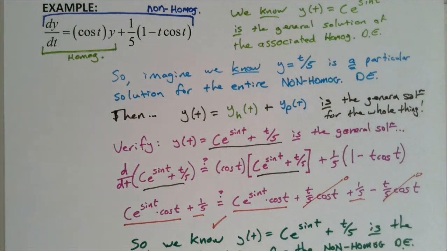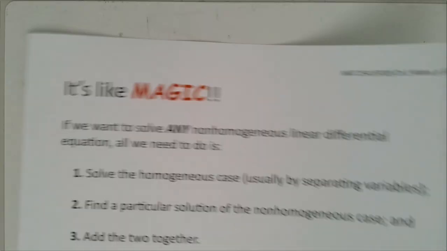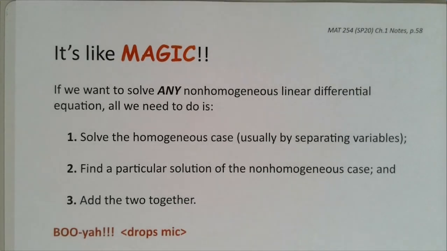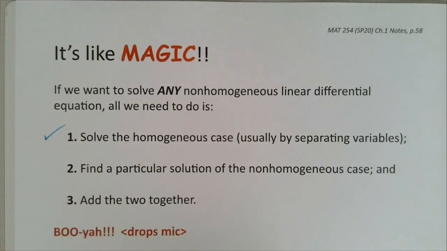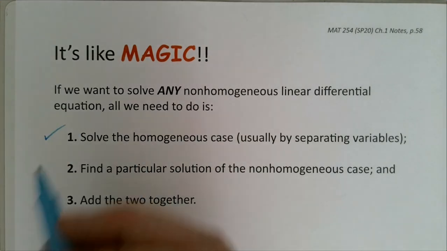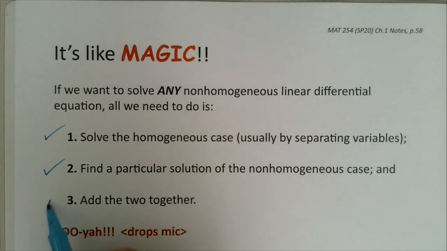Well, on the next page, I kind of spell it out. It starts off and it says, it's like magic. If we want to solve any non-homogeneous linear differential equation, we got to do three things. We solve the homogeneous case, which is usually really easy. Check. We find a particular solution of the non-homogeneous case. Check. And then we add the two together. Check.